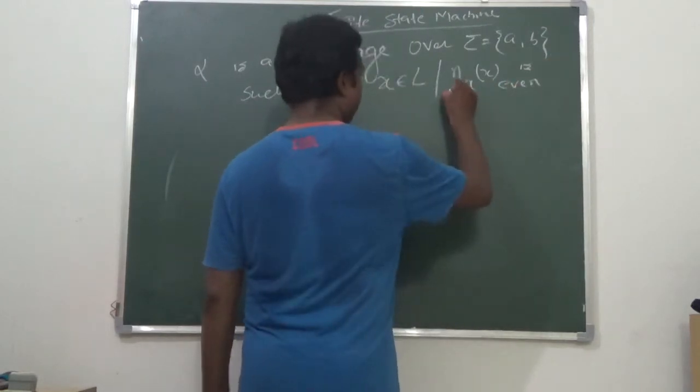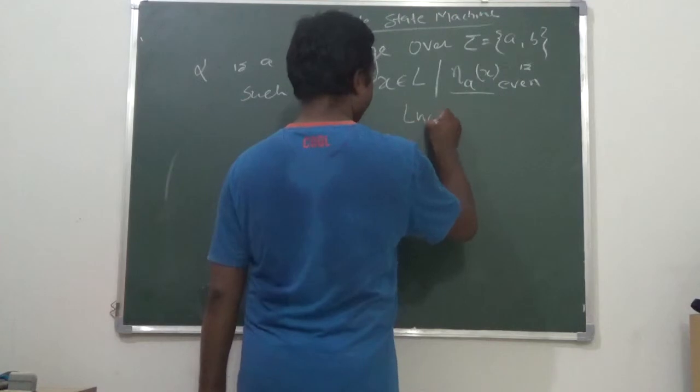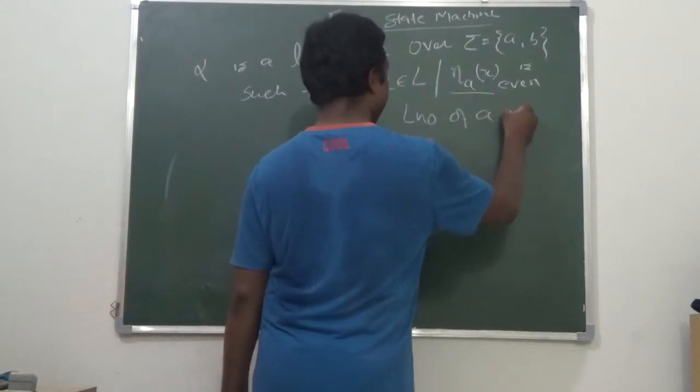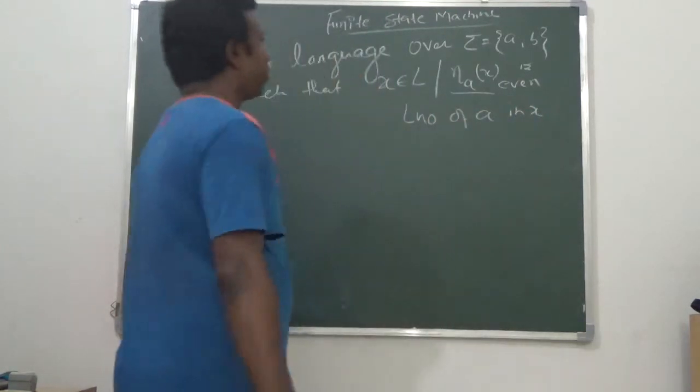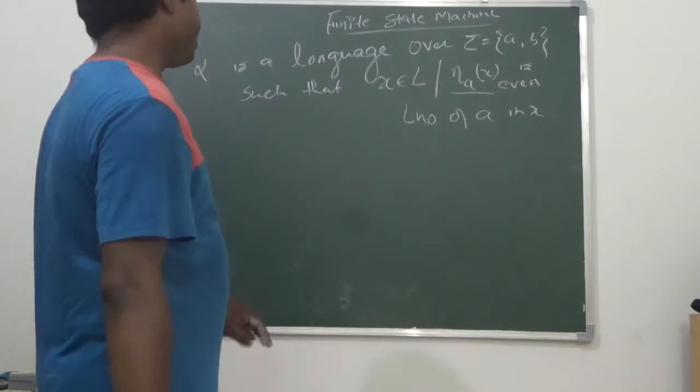Okay, how will you read this statement? Number of A in X. So the number of A in X should be even.